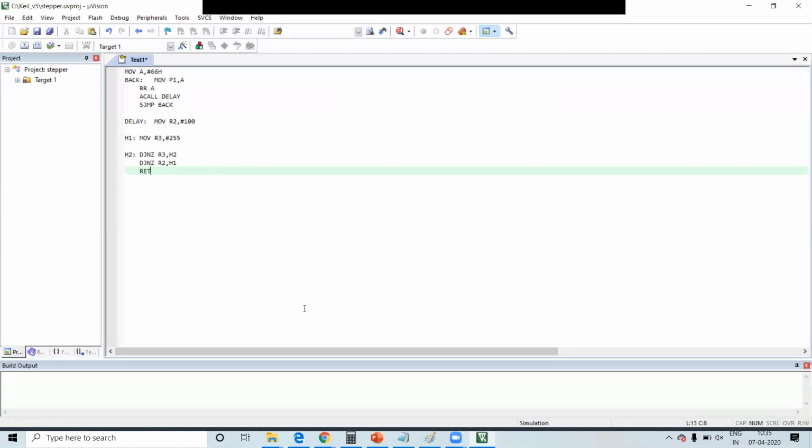As I told, any one of the values 6, 3, 9 or 12 can be stored in the accumulator. It is passed to one of the ports and then it continues. But our port is of 8-bit and the accumulator is also of 8-bit.